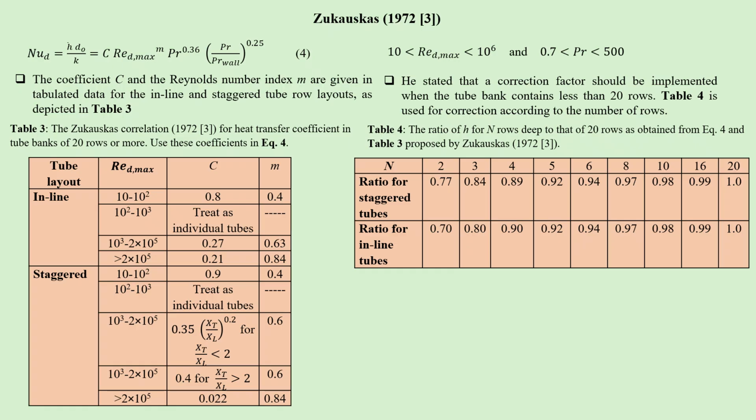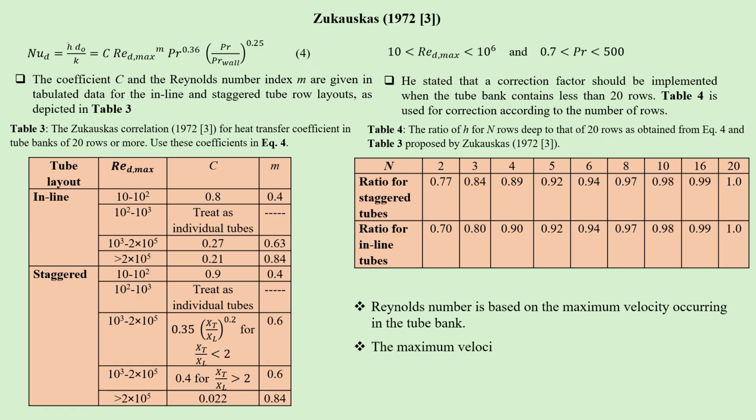presented a table, as shown in table 4, where the correction factor should be applied to equation 4. And again, the Reynolds number is based on the maximum velocity, which occurs when the flow passes through the minimum flow area. As shown in table 4, let us consider the number of rows is 8.